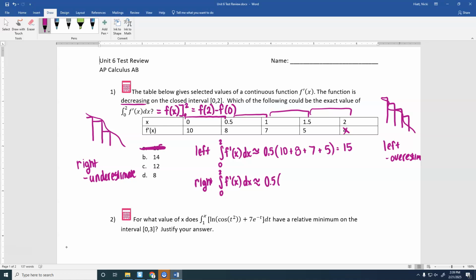And then I would have 8 plus 7 plus 5 plus 4, because for that one, I am going to use the 4. I do not use the 10. And that is going to give me half of 24, so I get 12, so it's not that one. That's my underestimate, so it's got to be B in the middle there.